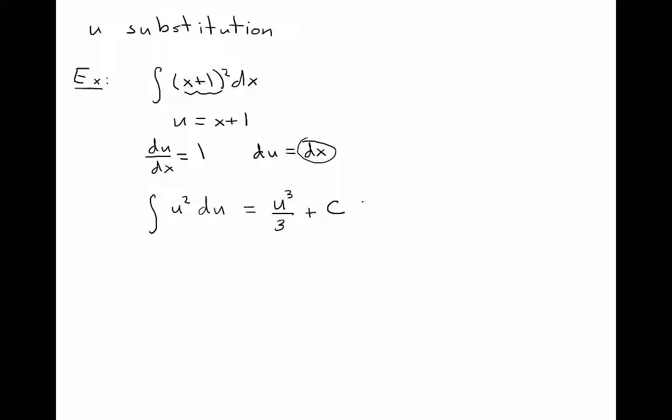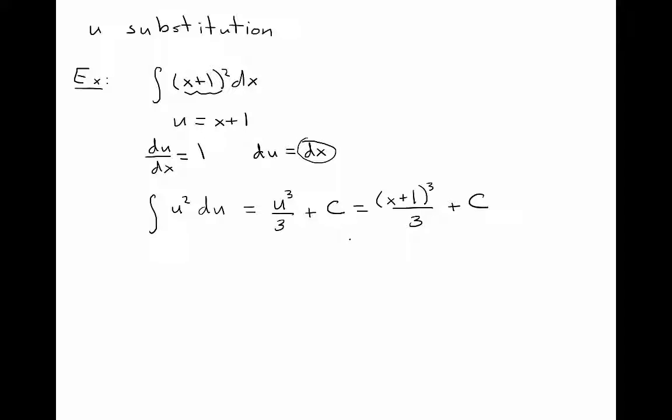Always got to add that c. And then we go back and replace our u with our x plus 1. Okay, not too bad. So let me know if you actually need to use U substitution in your classes. I'm not sure at what level the APC exam is, for example.